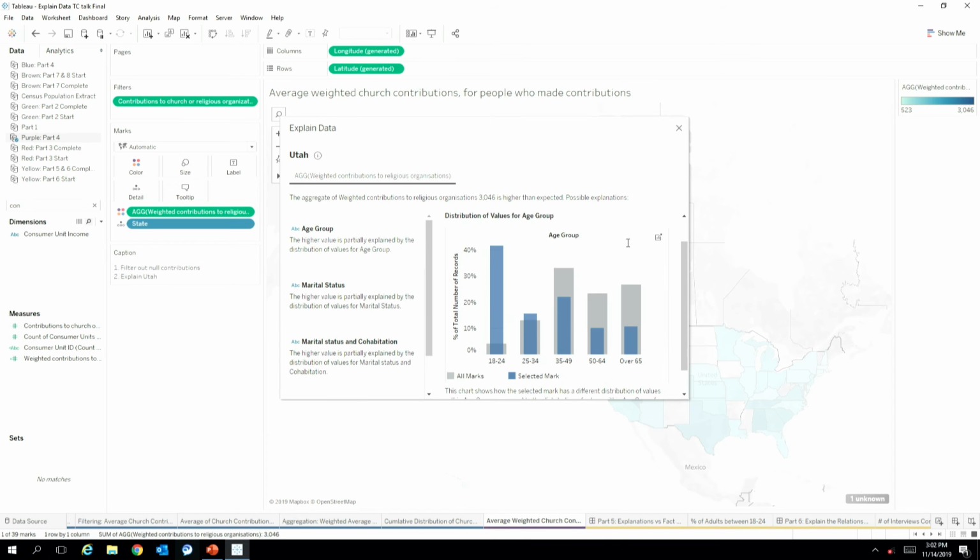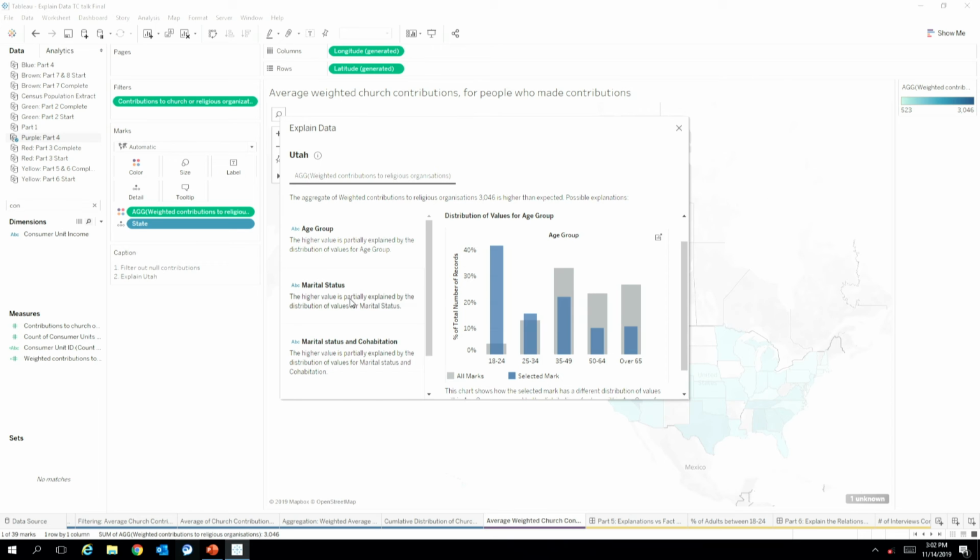So, wow, we're getting this crazy distribution for age, where over 40% of the survey respondents in Utah are between the ages of 18 and 24. It's a 6-year age bracket that contains 40% of the respondents.